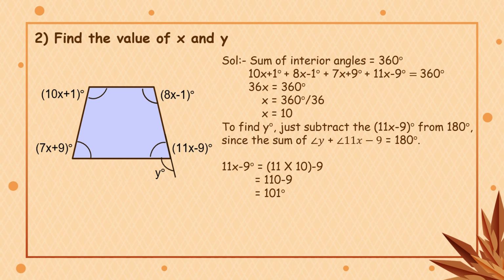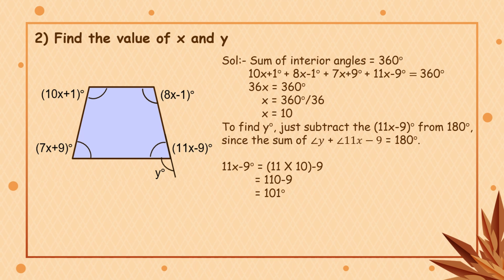You all know this. We have learned this in our previous chapters, right? The sum of those two angles will be equal to 180 degree. You all know the reason why.